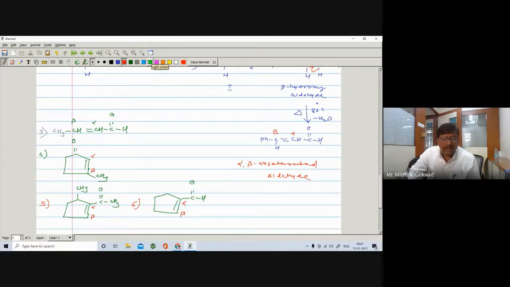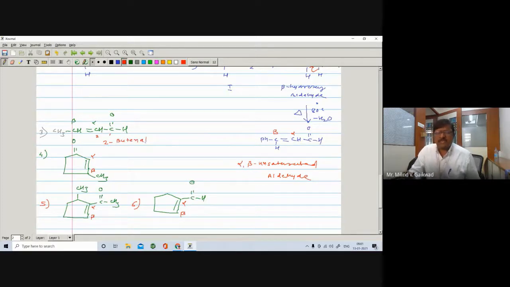Firstly you have to identify the type of the example, and carry out the corresponding disconnection. So here it is 2-butanol. Suppose this is carbon number 1, carbon number 2, so it is a 2-butanol.